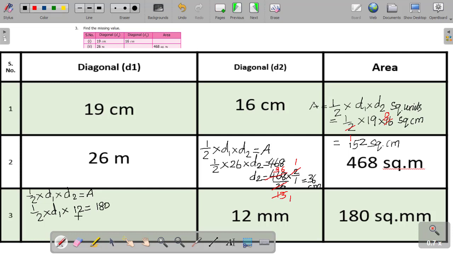So keeping the variable D1 on the left hand side, if we send other elements to the right hand side, the 1 by 2 will become 2 by 1, the multiplying factor 12 will become dividing factor. If we simplify this, we will get 1 2s are 2, 6 2s are 12, again 1 6 are 6, 6 30s are 180. Therefore, the length of D1 is 30 millimeter.